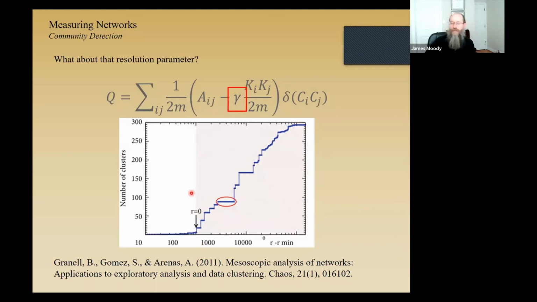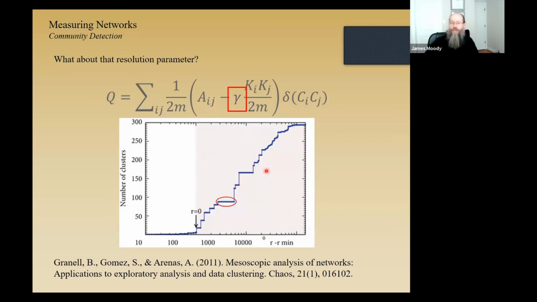You could start with a resolution parameter close to 0, and I think this is rescaled, this is actually 1. If you search over a bunch of small values, you'll get a small number of clusters. If you search over big values, you'll get a lot of little clusters. But notice that there are lots of different solutions that you can get depending on which resolution value you pick.